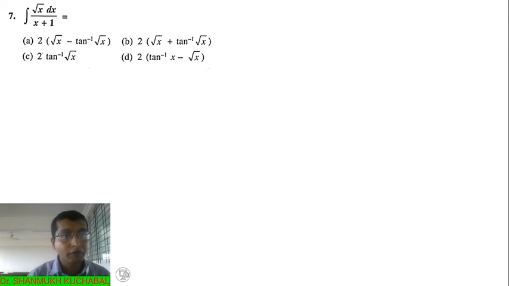It is the integration of root x divided by x plus 1 into dx equal to, here we have to use the method of substitution. So I take root x as a new variable t.